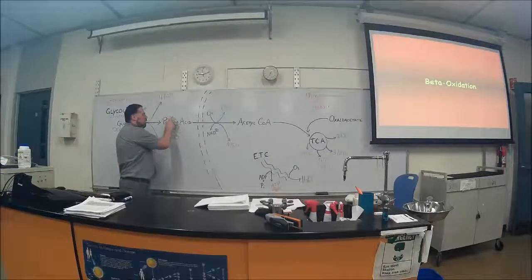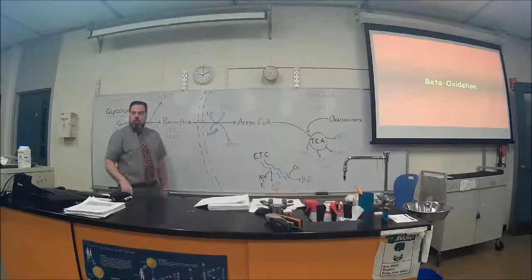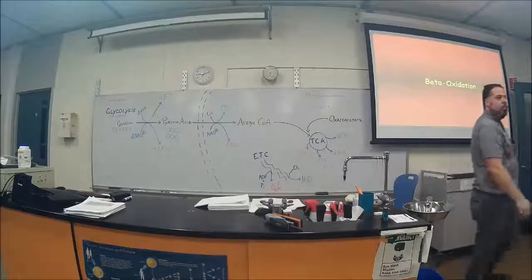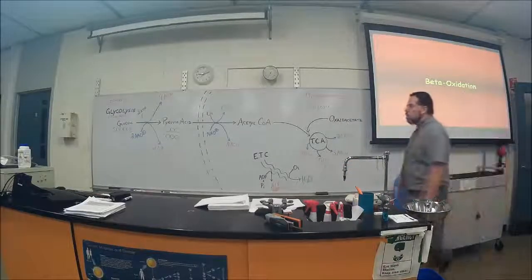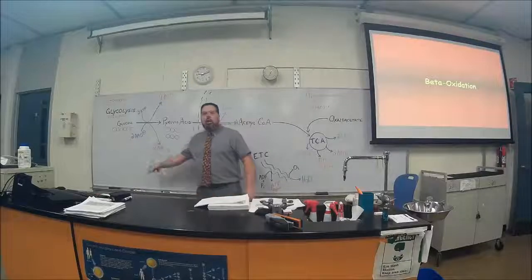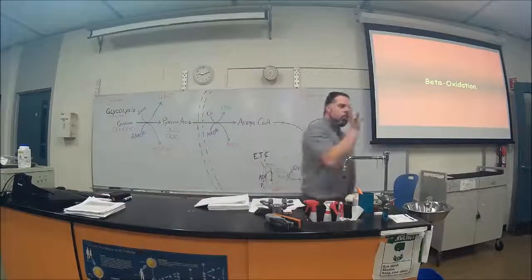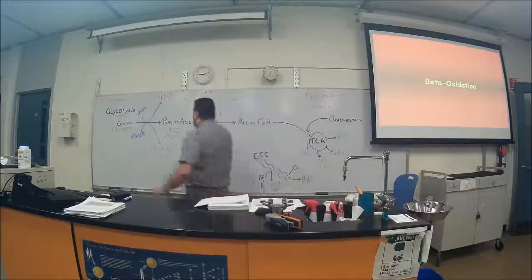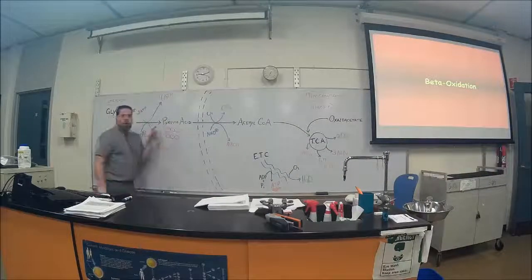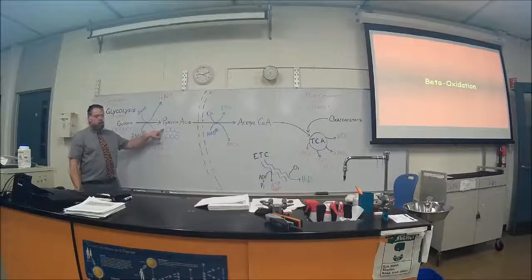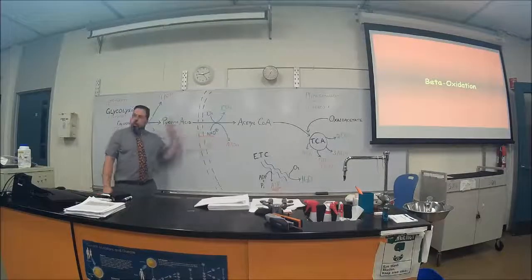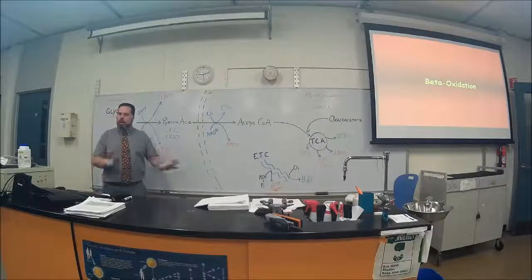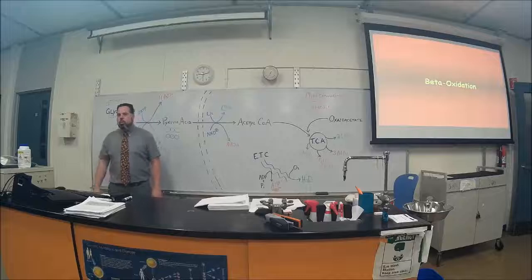Now, the pyruvic acid, if it has oxygen, it will be allowed to come into mitochondria. If it doesn't, we're going to be talking about a process over here happening in the cytoplasm. But let's say it does have oxygen. One of these structures, we'll say that just one, and just follow it that way. One of these pyruvic acids would enter here. Both of them do, but it's easier to follow when there's only one. And then you'll multiply everything by 2 if I ask you what one molecule of glucose does.